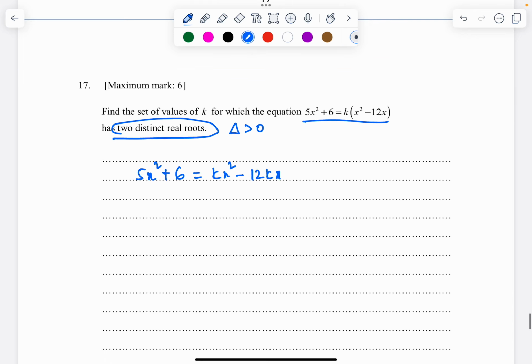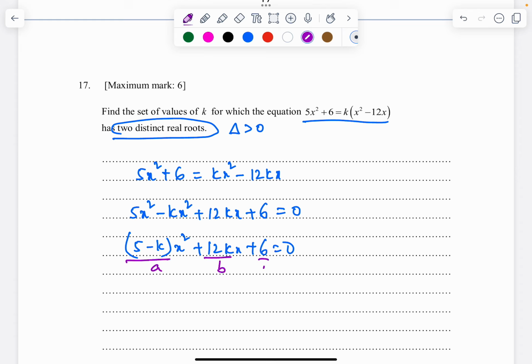So I will put them together. 5x square minus kx square plus 12kx plus 6 is equal to 0. So we need to use discriminant. So let me simplify this one still further. So this is a, this is b, and this is c.